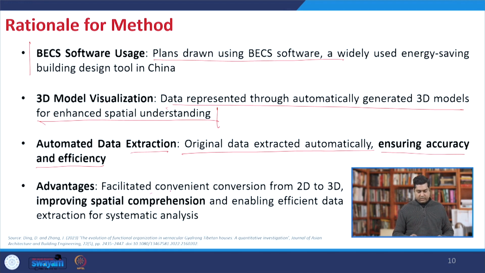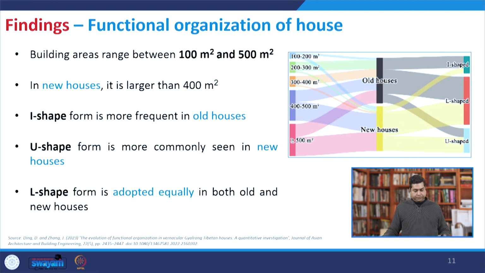The advantages: it facilitates convenient conversion from 2D to 3D, improving spatial comprehension and enabling efficient data extraction for systematic analysis. Whenever you use software which can give you accurate measurements when you give certain input, and you can see all those other parameters, it is very effective.